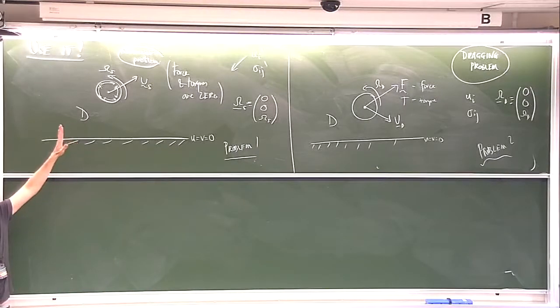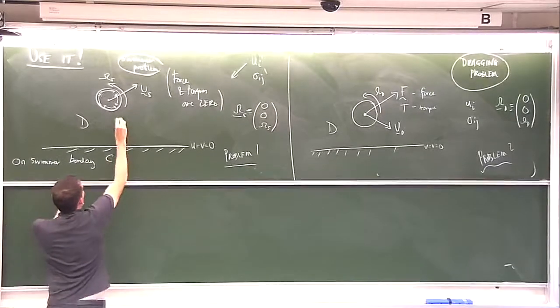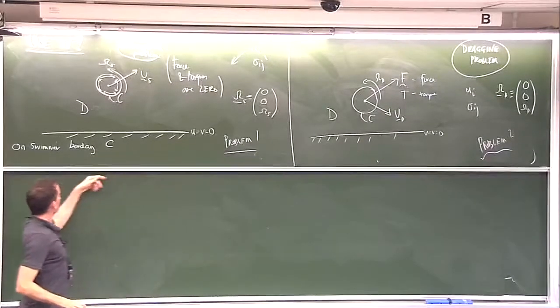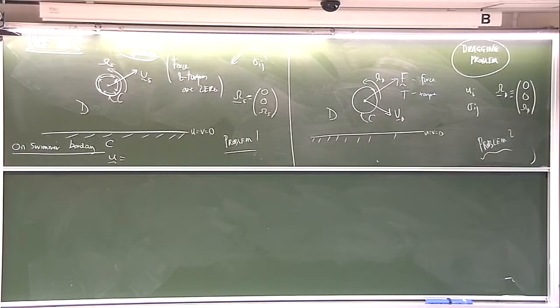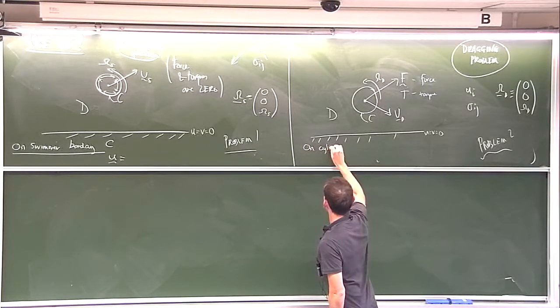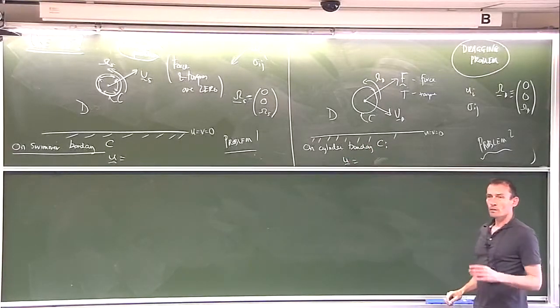What's the boundary condition on the swimmer here? Let's call it C. So this is C. And this is also C. And I'm going to ask the same question about this one. And I mean vector notation here, not complex.